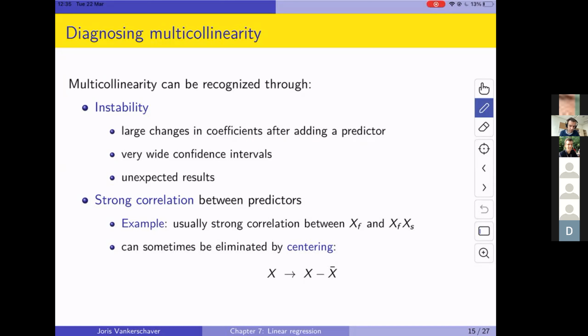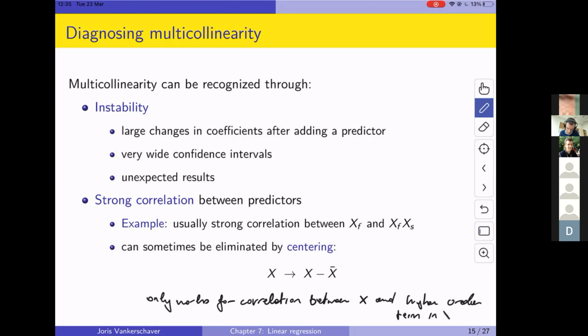One caveat here is that this only works for correlation between a predictor X and a higher order term involving X, or an interaction term.